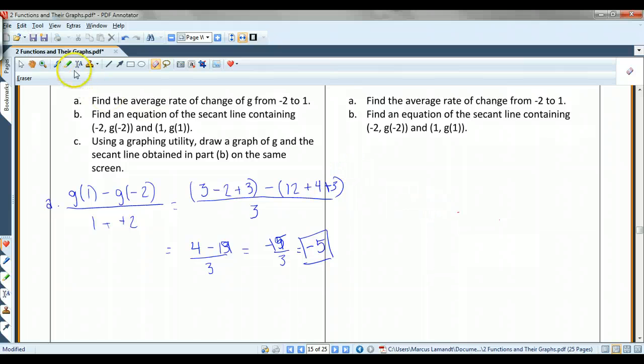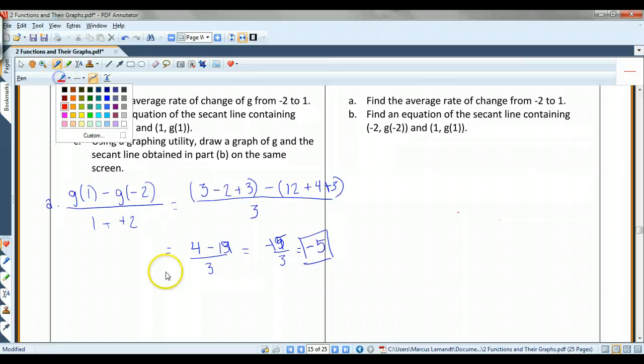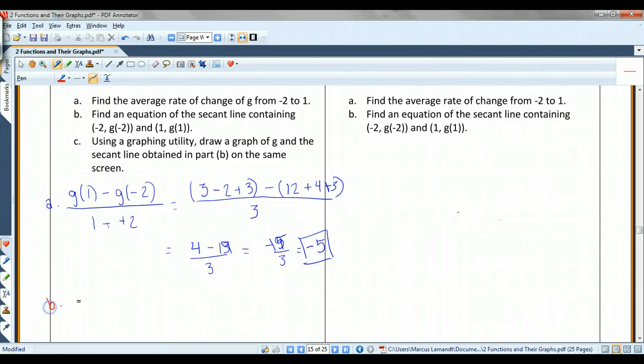So first thing I have to do, I have to figure out what these 2 points are. If I plug in 1, I get 4.